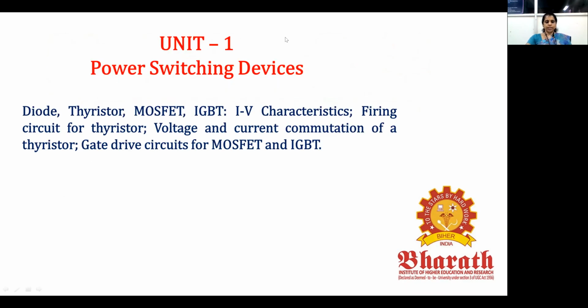In this unit we have the topics about diode, thyristor, MOSFET, IGBT, their VI characteristics, the firing circuit of the thyristor, voltage and current commutation of the thyristor, and the gate drive circuits for MOSFET and IGBT. So these are the topics which we are going to discuss in this video.